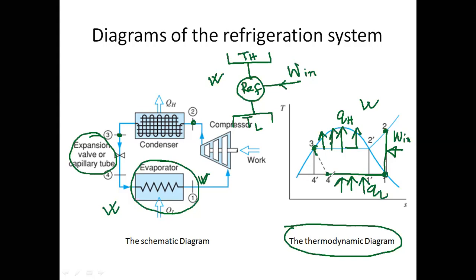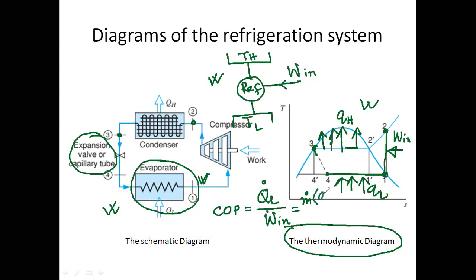So for the calculation of the COP, we know that COP is the desired effect by energy that costs. Desired effect for the refrigeration system is QL, and energy that costs is W in, and that is mass flow rate, or you can write rate of heat absorption divided by rate of work input.